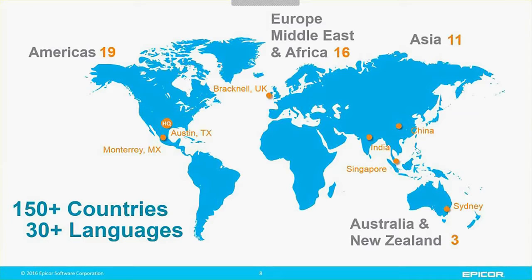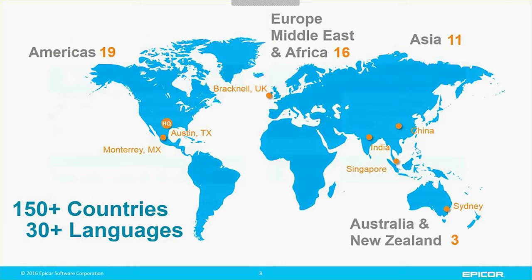Epicor, from an international context, is well represented across the world. Being in 150 countries and 30 plus languages, with the appropriate country-specific functionality, the compliance to various tax laws and everything else, with major offices in all the right places.